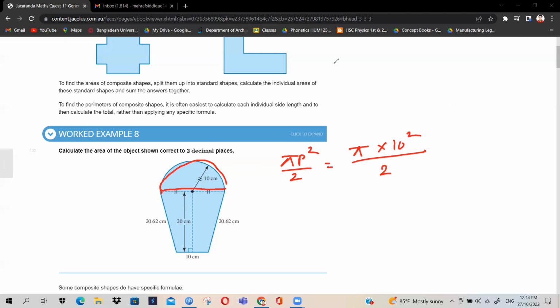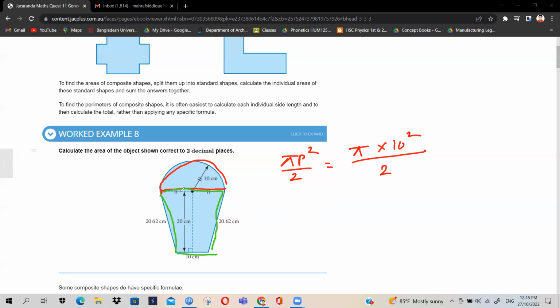And for the bottom portion, which is a trapezium, what do we get? The area would be a plus b times height divided by 2.